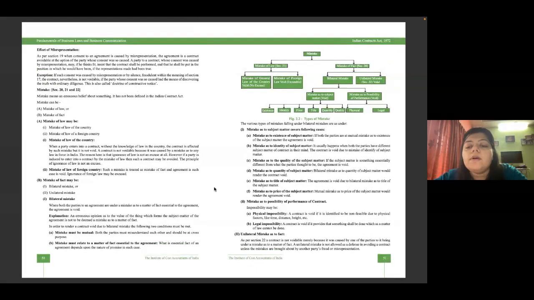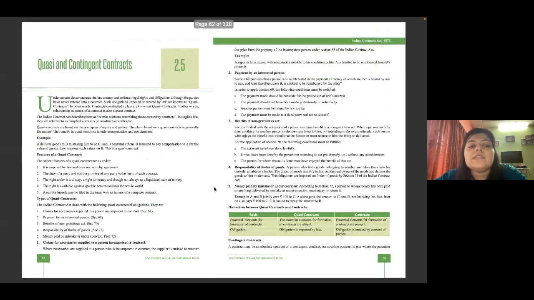So when we talk about the quasi and contingent contracts, quasi contracts are those contracts which are imposed by law and do not arise by agreement, as well as the duty of a party and not the promise of any party is the basis of such contract.